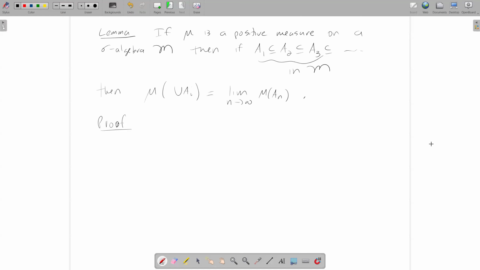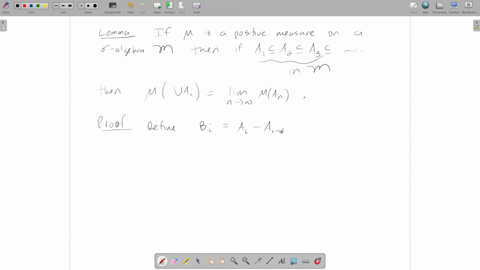So what we do here is we define B_i to equal A_i minus A_{i-1}. Okay. It's a fairly straightforward definition.